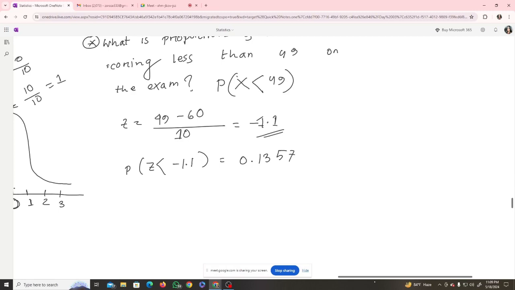Now, if we multiply 0.1357 by 100, we get 13.57 percent. What does it mean, guys?